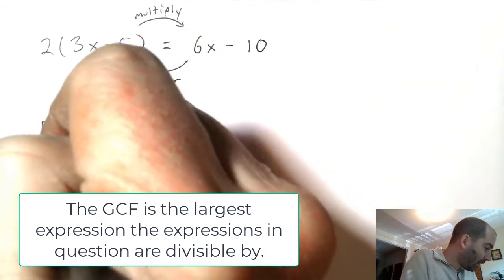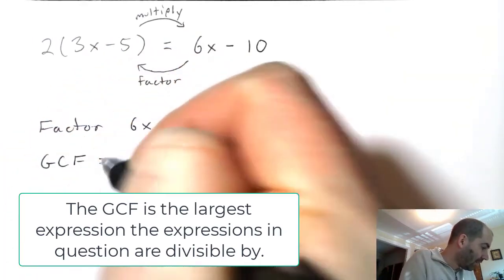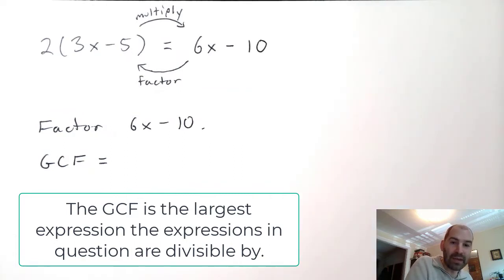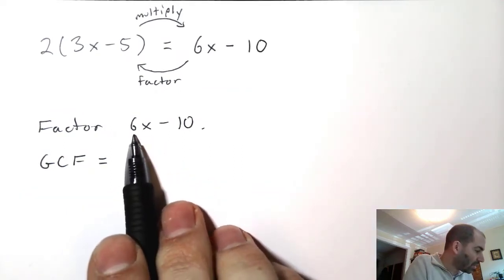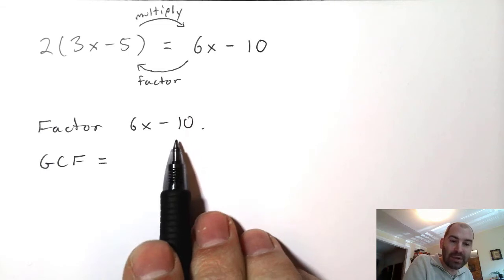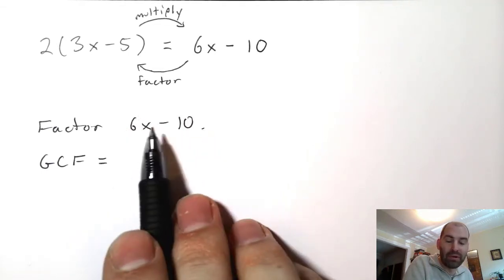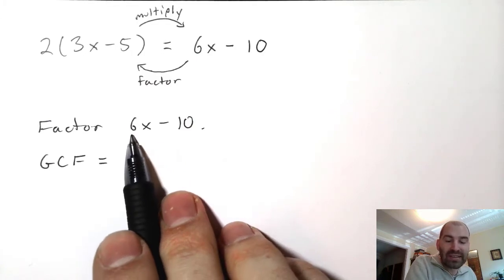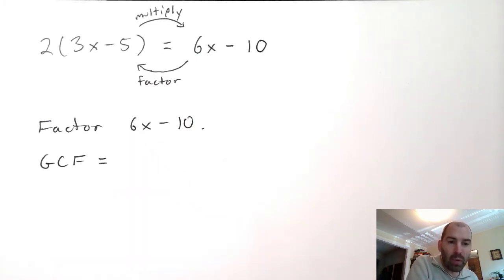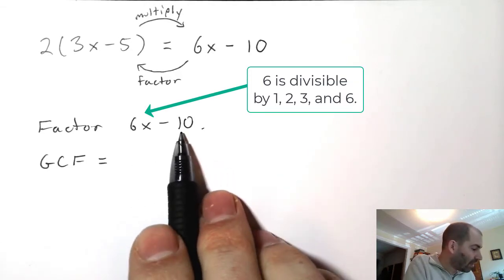So our first step here is to find the GCF. So I'm going to look at these expressions, the 6x and the 10, and ask myself, what's the largest thing these are both divisible by? So what is 6 divisible by? It's divisible by the numbers 1, 2, 3, and 6. What is 10 divisible by?